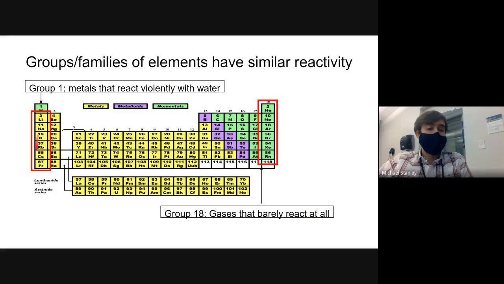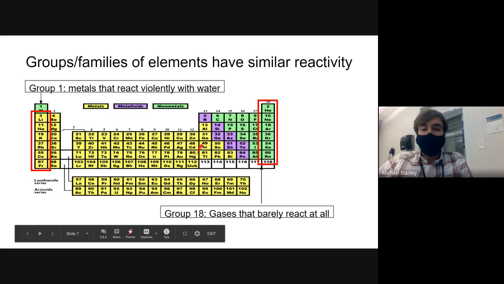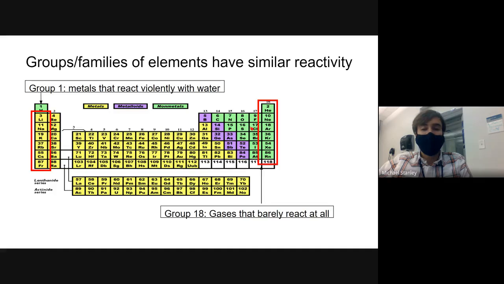But if they have an extremely empty shell, like these guys, or an almost full outer shell, like chlorine that we were talking about earlier, number 17 right here, chlorine is only missing one electron from its outer shell. Same thing with fluorine and bromine and iodine.